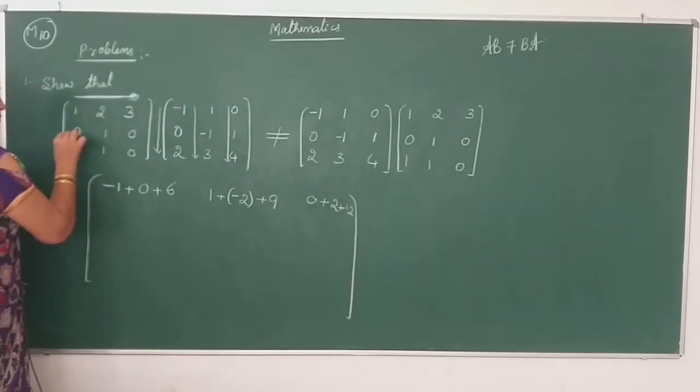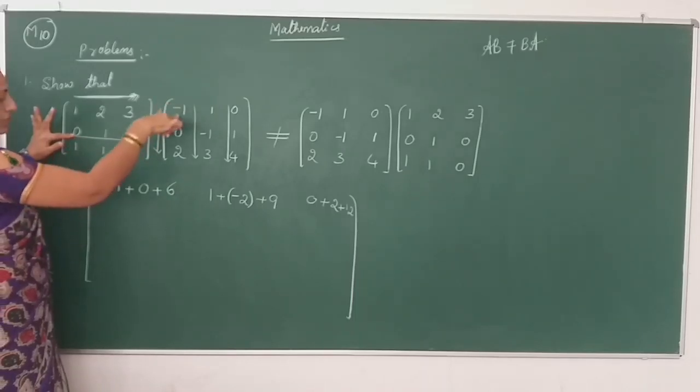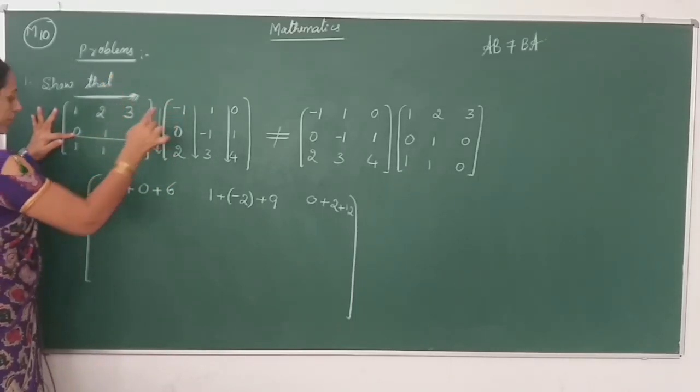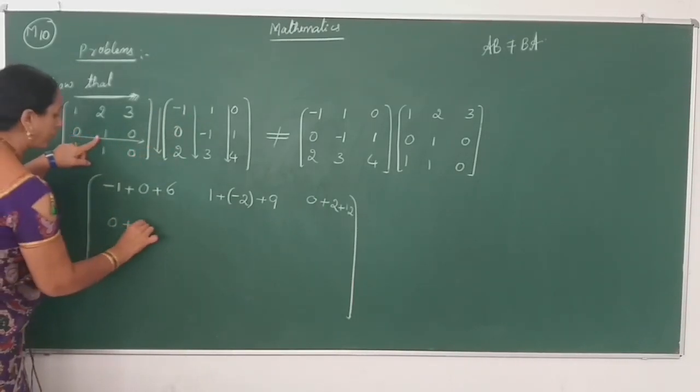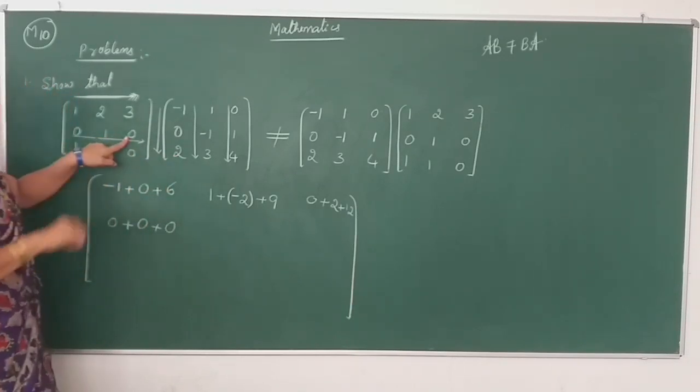Similarly, now we'll come to the second row. Second row, first column: the second row is multiplied with the corresponding elements of the first column. 0 into minus 1 is 0, plus 1 into 0 is 0, plus 0 into 2 is 0.